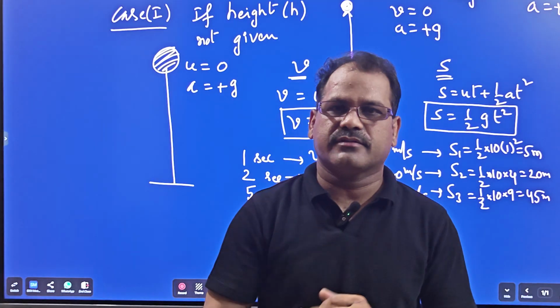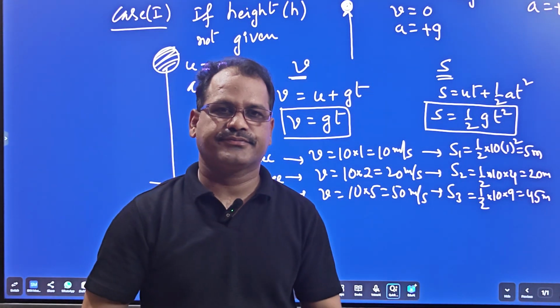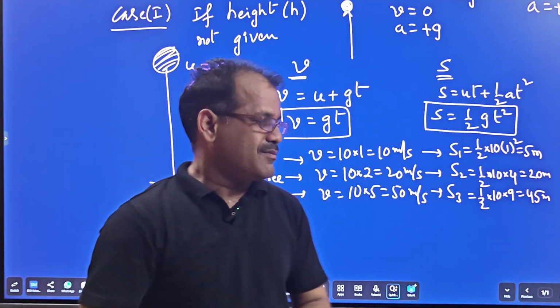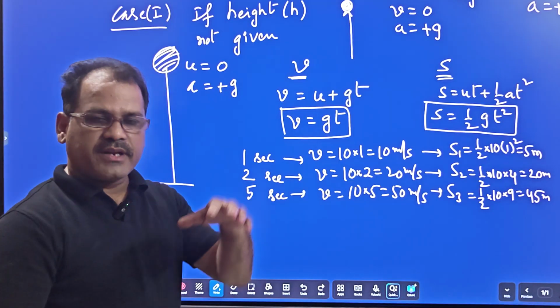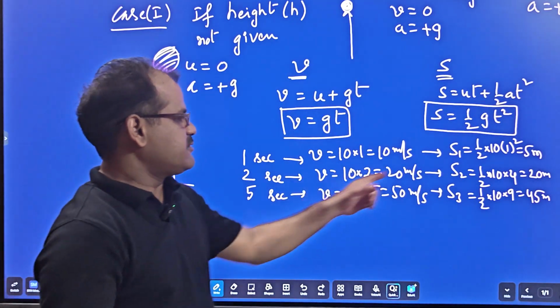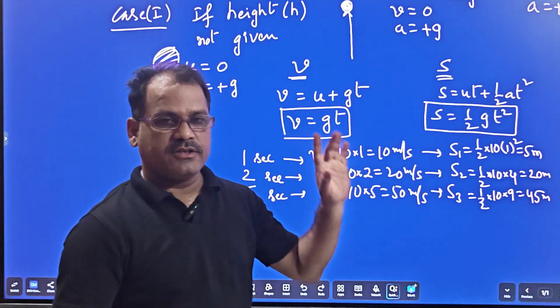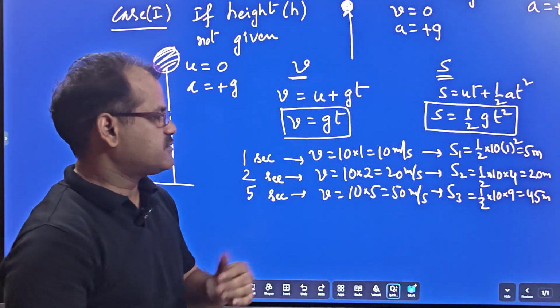That means it is a general case, so we can directly remember the values. It is very useful for us. If a particular height is given, at every height we have to calculate separately. But in this case, irrespective of the height from where the object is dropped, these values are constant, they won't change. So directly observe these two equations. In this case it is very useful for better analysis.